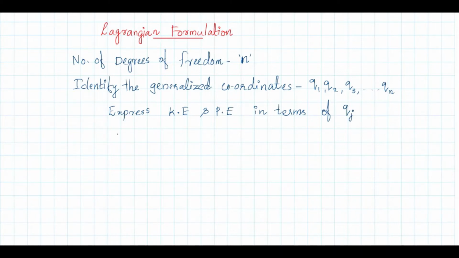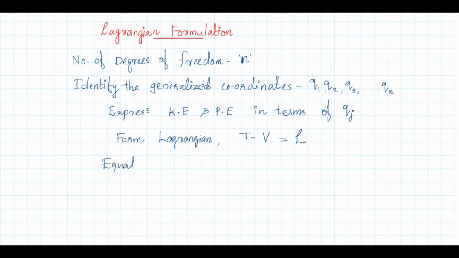Then we can form the Lagrangian. Lagrangian, by definition, is the difference between kinetic energy and potential energy, and you can denote it by the letter L. So form the Lagrangian of the system. Then we can write the equation of motion.